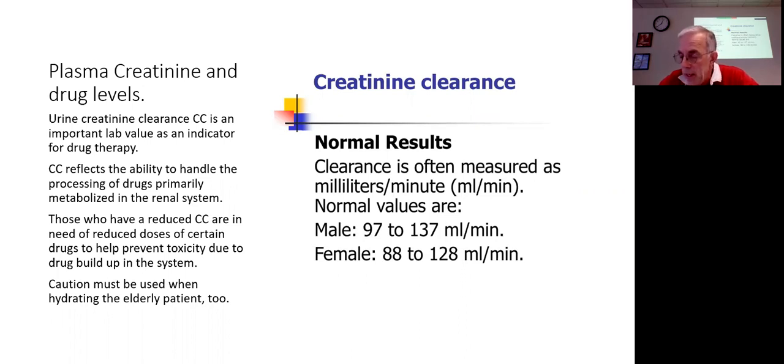Instead, it's being lost into the urine, which is considered an abnormal finding. And same with creatinine. Typically, you'll see it as a BUN, blood urea nitrogen and creatinine ratio, or as a protein and creatinine ratio, or simply as a creatinine clearance measurement.